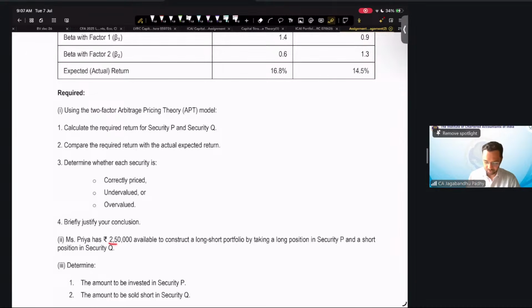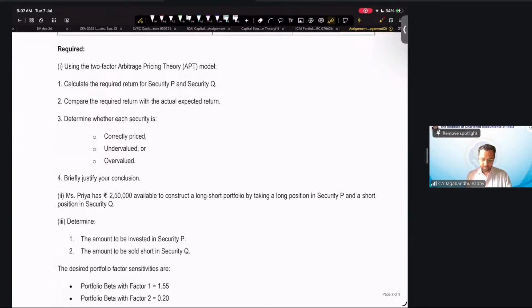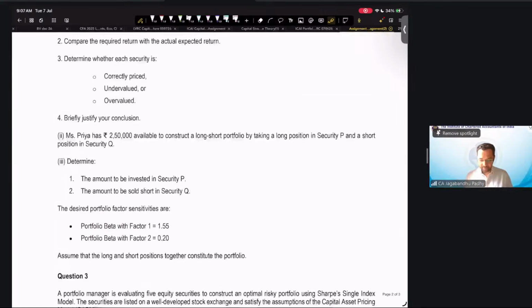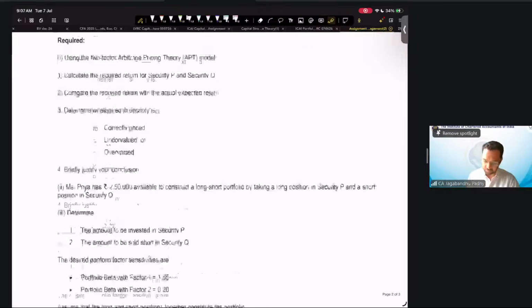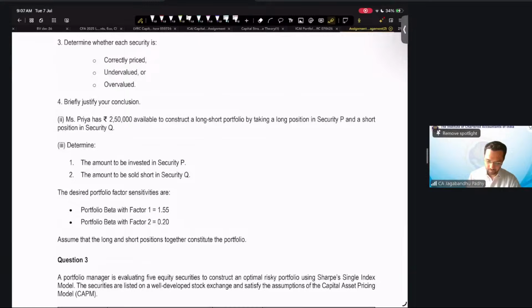Ms. P has 2,50,000 available to construct a long-short portfolio by taking a long position in security P and a short position in security Q. Determine the amount to be invested in security P and the amount to be sold short in security Q. The desired portfolio factor sensitivities are 1.55 and 0.2.